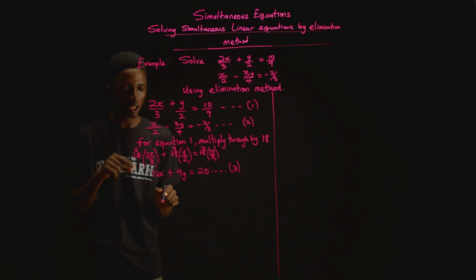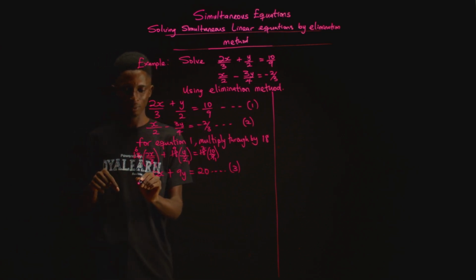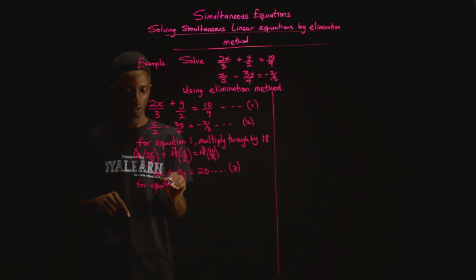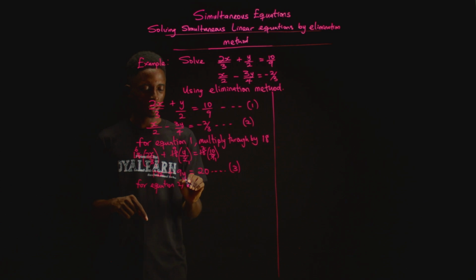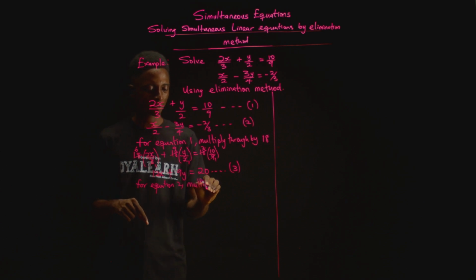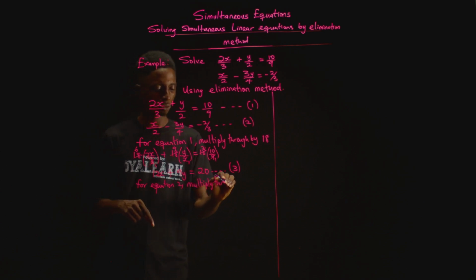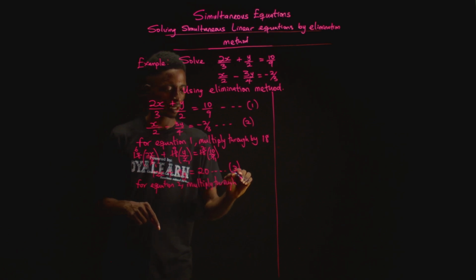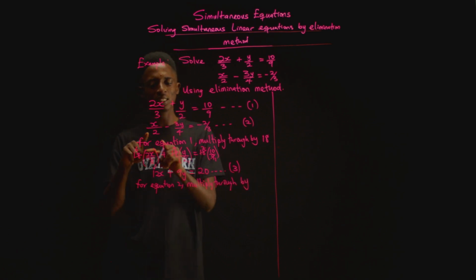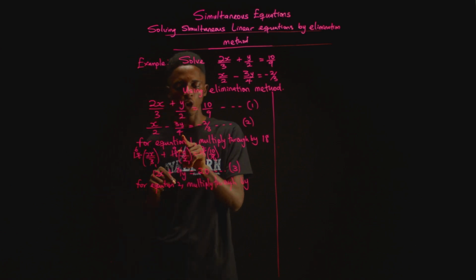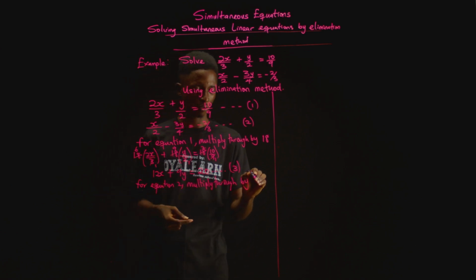So to the next equation, for equation 2, we're going to multiply through by, now the LCM of 2, 4, and 3 is 12.